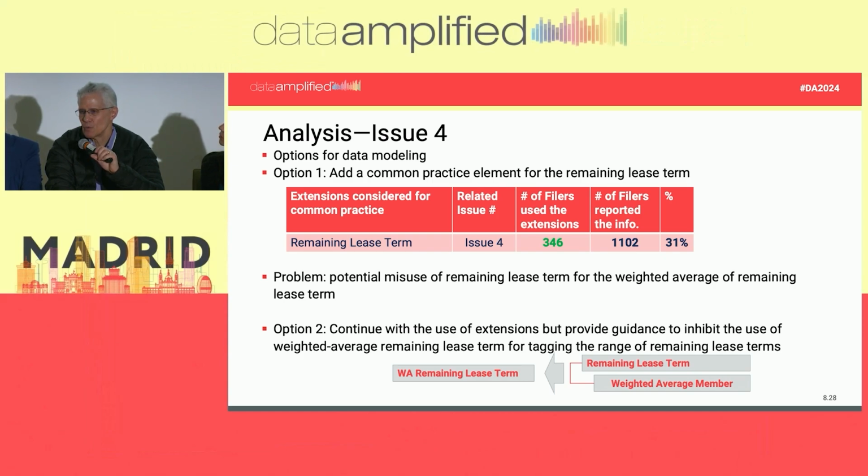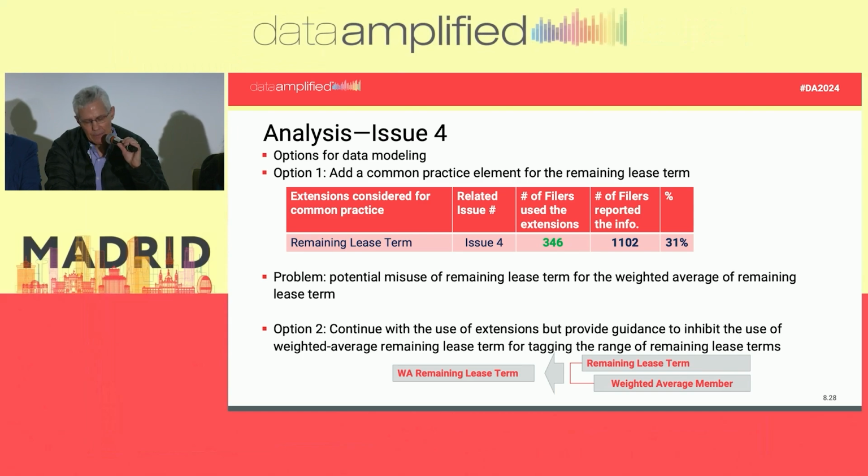And so under option 1, we actually added a couple of elements to the taxonomy. And those elements were duration type elements looking for a specific date. And so I'll just read one of the definitions here.